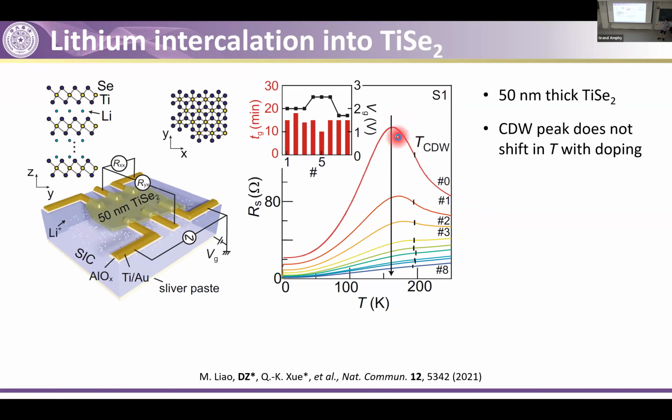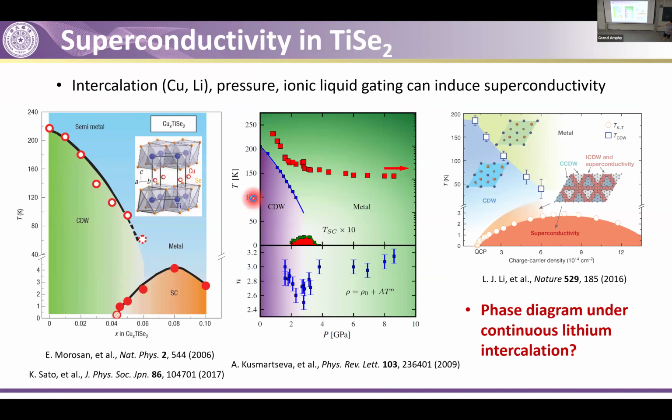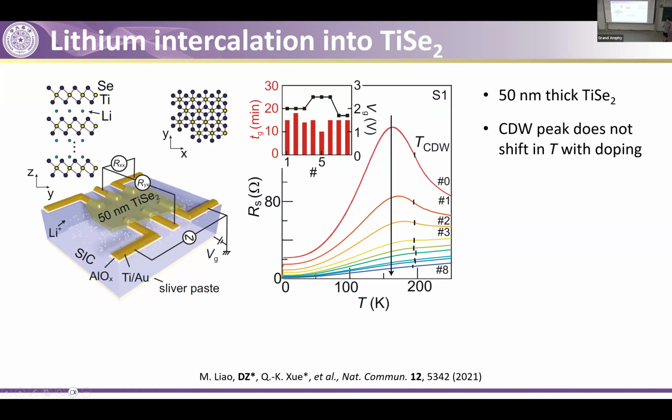And then this peak becomes weaker when we intercalate more lithium ions. This is actually a bit strange to us because previously all these phase diagrams show that the charge density wave temperature should go down, but we actually do not see that. At that time we thought, okay, maybe this is just an inhomogeneity, because we have the lithium going in some areas that suppressed the charge density wave, while some other small areas are still not fully suppressed.